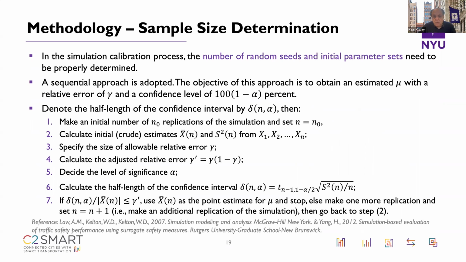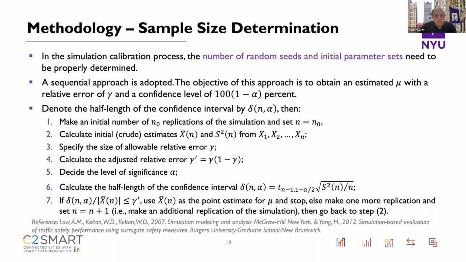We start with an initial number of repetitions of the simulation for a given starting point for all the variables that we want to calibrate. Then we calculate our mean value and the variation for the different runs.